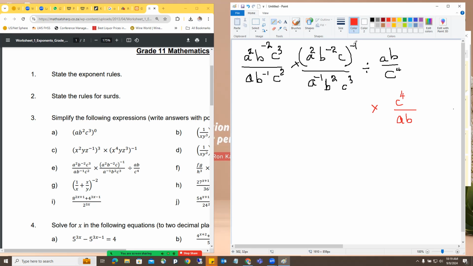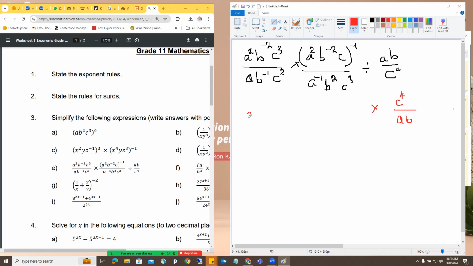Now here we have minus 1, so easily we can remove this bracket by multiplying these powers: 2 into minus 1, minus 2 into minus 1, and 1 into minus 1. That's how we remove it; we call it power of a power.